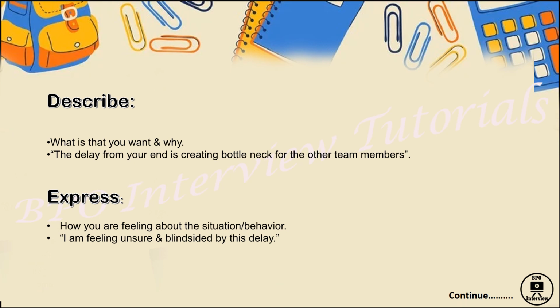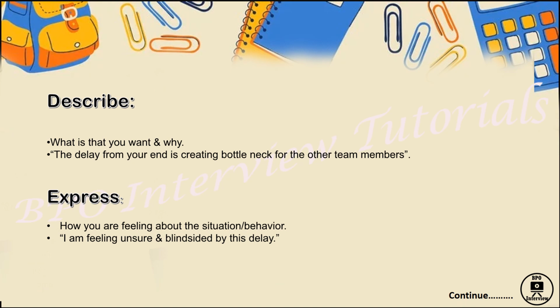Let's start with the help of an example. For example, I am a quality analyst giving feedback to the associate. Or you are a trainer giving feedback to the associate, or a quality or operation team lead giving feedback to your operator or quality analyst. There is some mistake that happened, so we are giving feedback. What is it that you want and why?